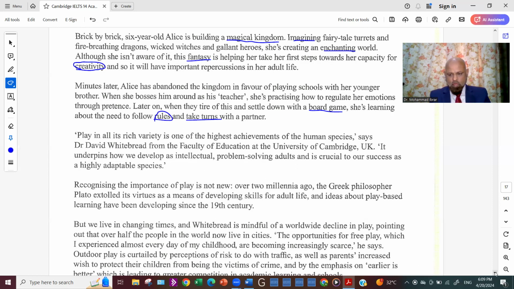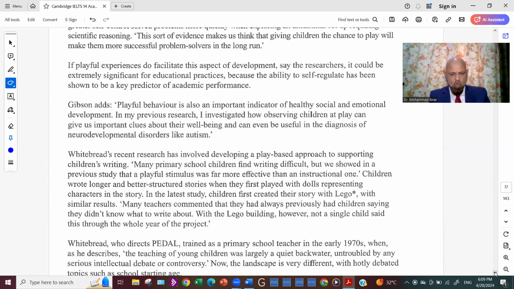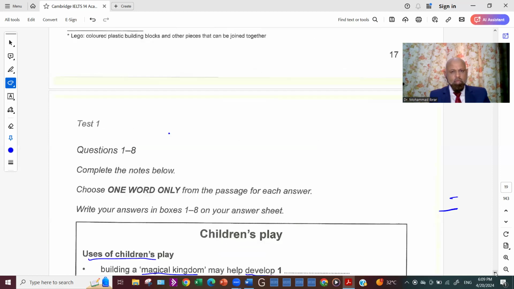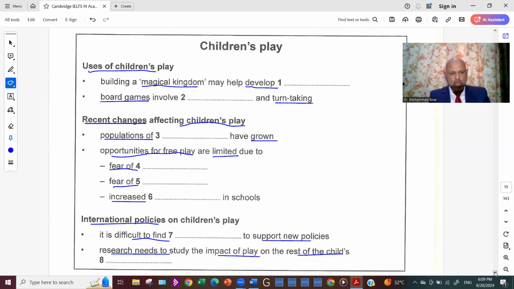Now let's go back to the text to look at the third question. Now, recent changes affecting children's play. So we have to find something about changes that affect. Okay. And then we have to look at populations and opportunities for free play, fear of. Now, let's go back to the text.